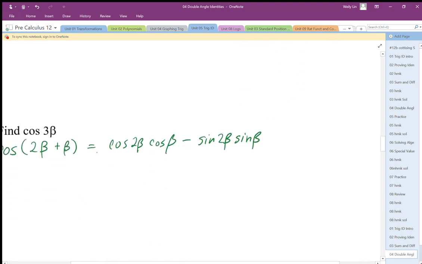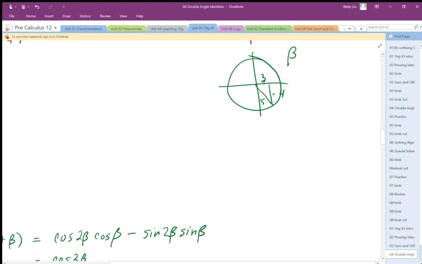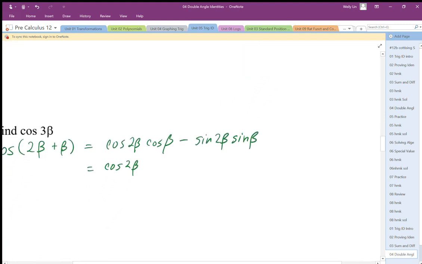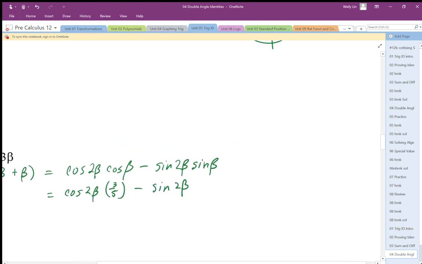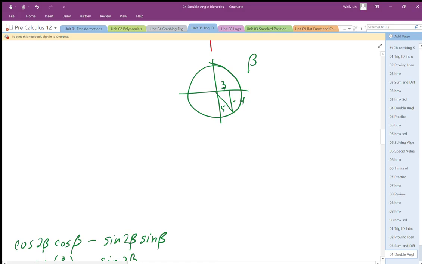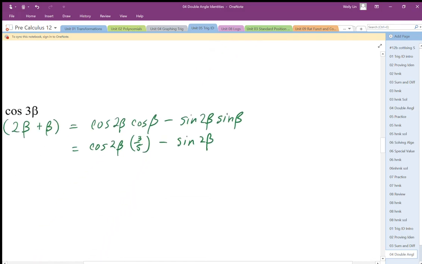I'm just going to plug in for now the single angle ratios. Cosine beta from the picture looks like 3/5. And the sine of beta, again, I can't do 2 beta, but I can do 1 beta. The sine is negative 4/5. I'm just going to plug that in.